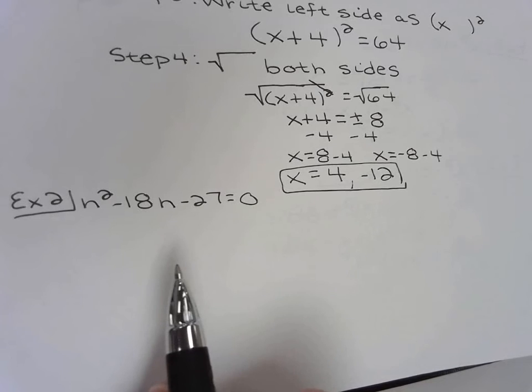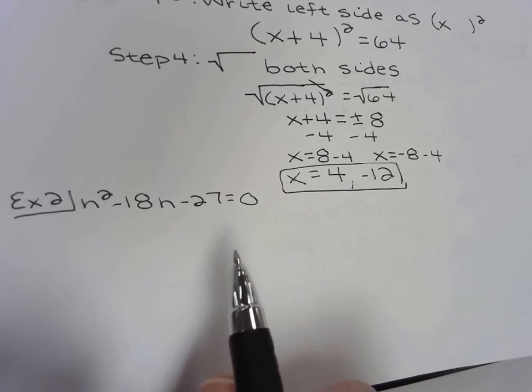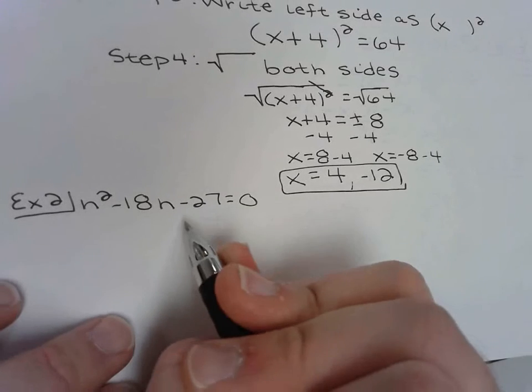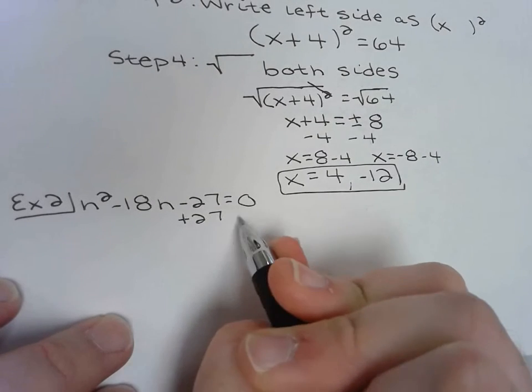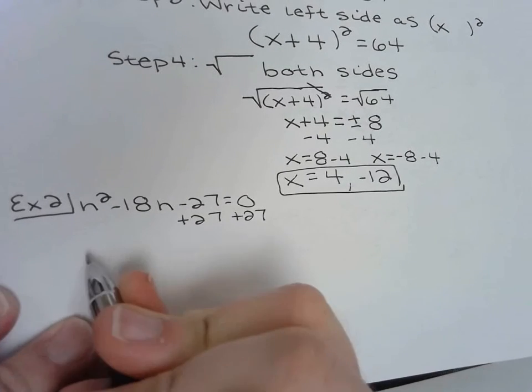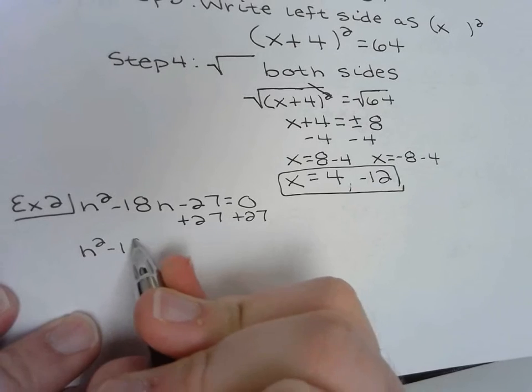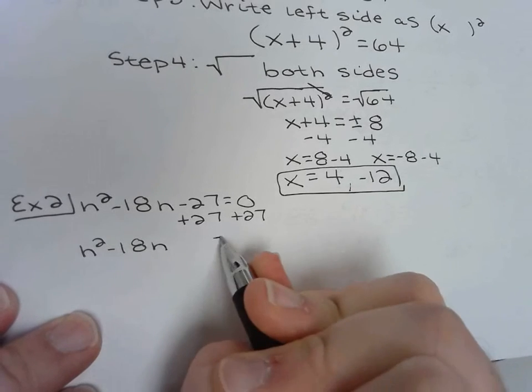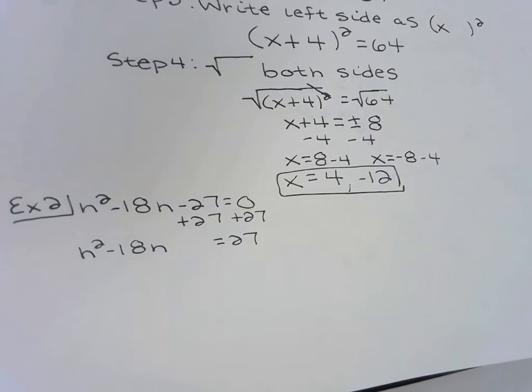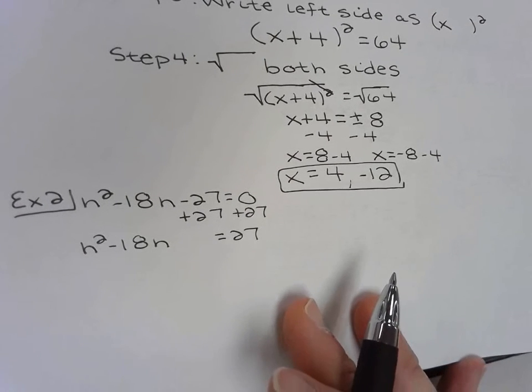First thing I need to do in the completing the square method, step one, is I need to do what? Move the 27 over. You have to get the constant to the right side. So n squared minus 18n, leave a blank, equals 27. Step two.